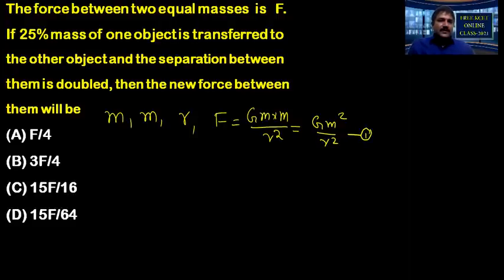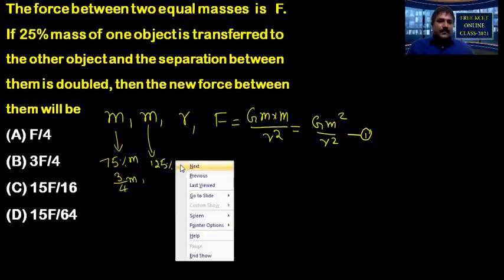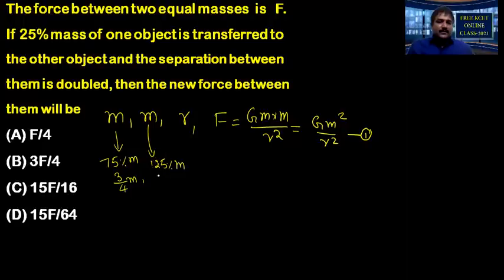Now, in the second situation, if 25% mass of one object is transferred to the other object, what does it mean? The mass M lost 25%, so it becomes 75% of M. That means it can be taken as 3 by 4 M. At the same time, the other mass gains 25%, so it becomes 125%, which can be written as 5 by 4 M. But in addition to this, there is one more change.